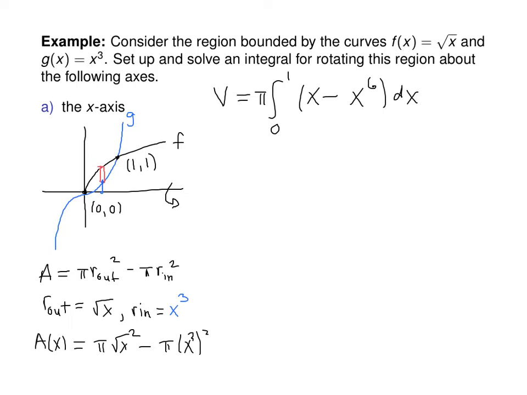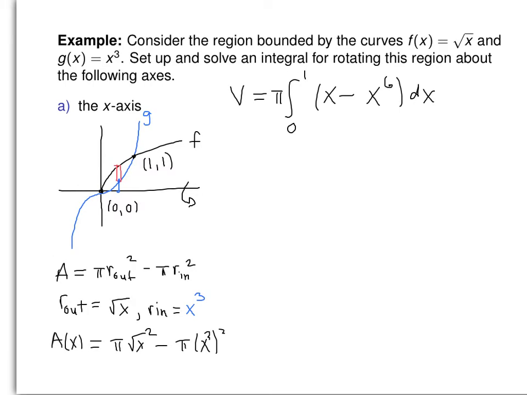If you have access to Wolfram Alpha or a calculator, I would suggest first setting the integrals up, checking to see if your answer is correct with a device, and then trying to work out the details. For this particular example, when you work out everything, you end up finding that the volume is 5 pi over 14.